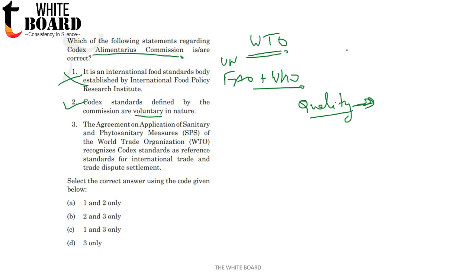Now, if a country wants to gauge the quality of exported or imported products, it will use Codex Alimentarius Commission standards as the basis of quality. Understood? So its trustworthiness among countries will increase. The last is the Agreement on Application of Sanitary and Phytosanitary Measures, also called SPS measures, of the WTO, which recognizes Codex standards as reference standards for international trade and trade dispute settlement. And this is also correct.